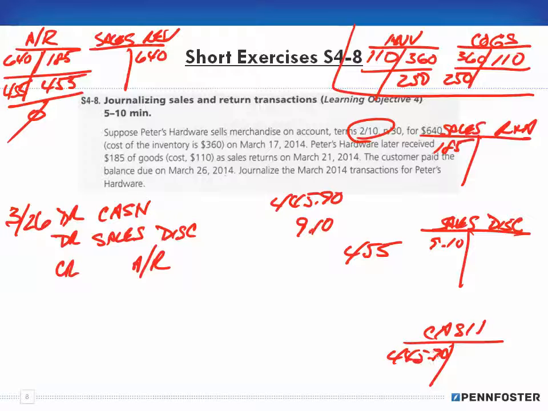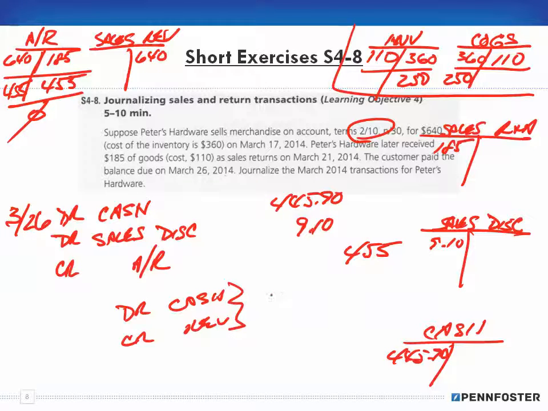Now, what do we have for sales? Remember, when you sell something for cash, you're going to debit your cash and credit your revenue account, and that's one transaction.